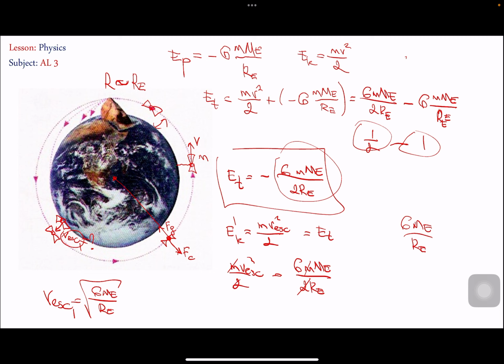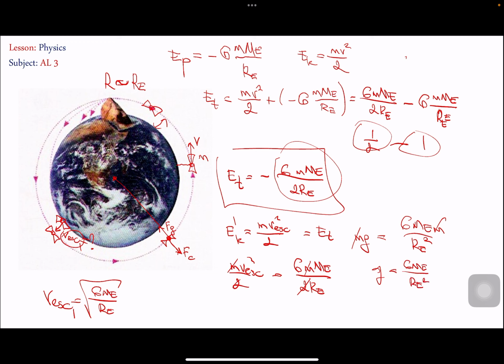So I can also write another expression here, because G times mass of Earth over radius of Earth resembles a certain amount of g. You know that mg will be equal to G times mass of Earth over radius square. So if I simplify the masses, I will have the g here, the gravity, that's G times mass of Earth over radius of Earth square.